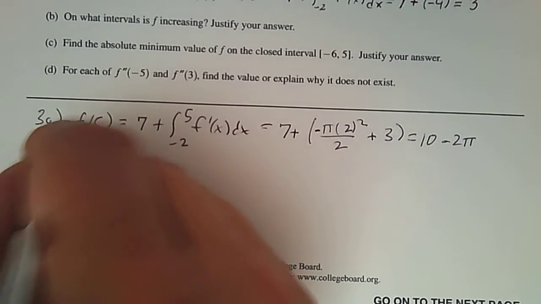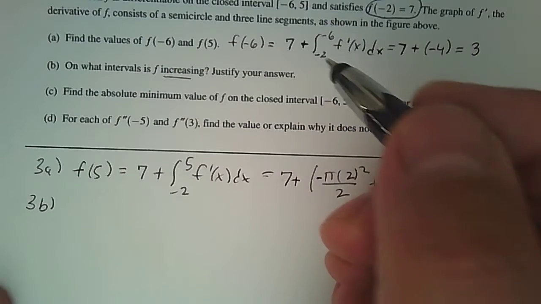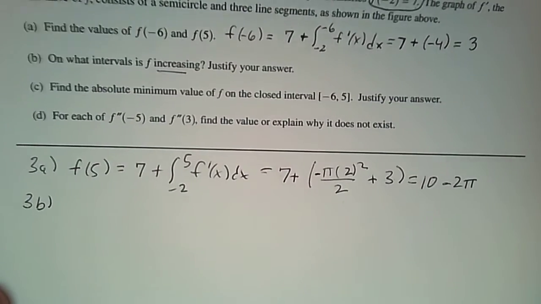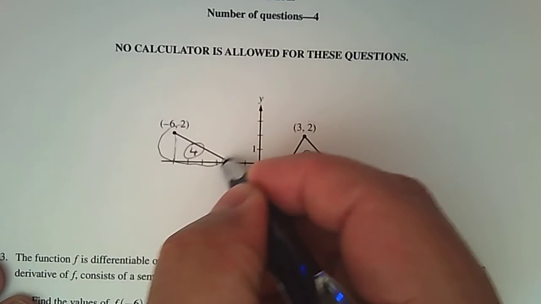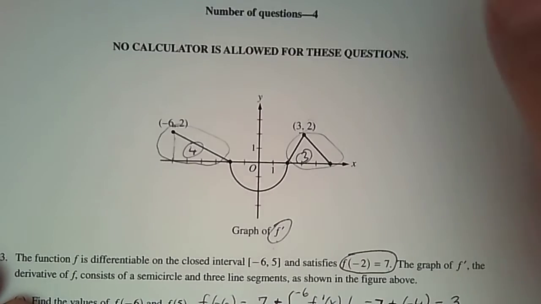B. On what intervals is f increasing, and then justify your answer. So where is the function increasing? You're given the derivative, so it's increasing when the derivative is positive. And where is it positive? It's positive where it's above the axes.